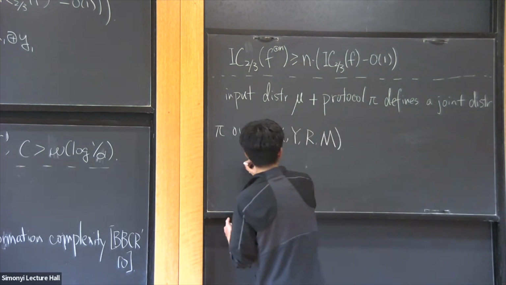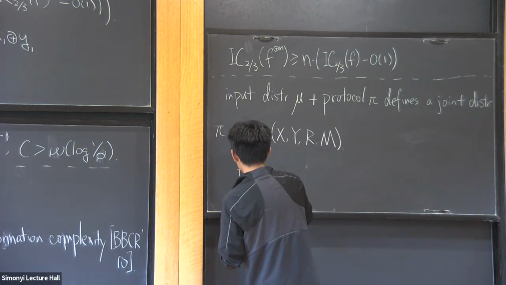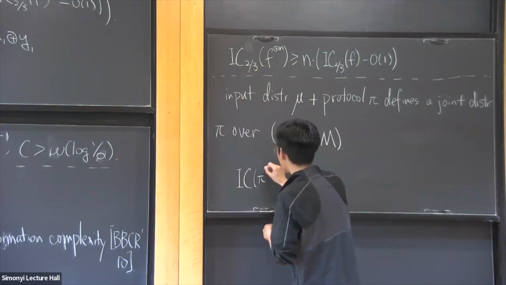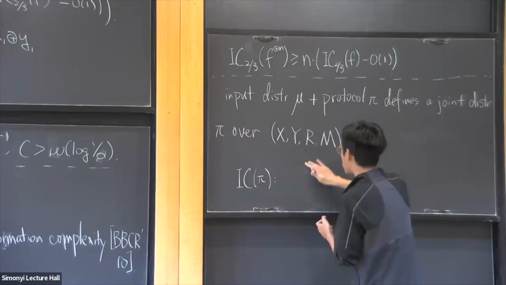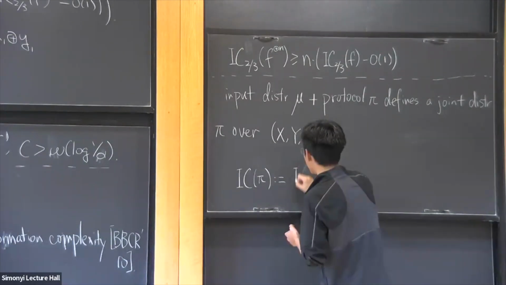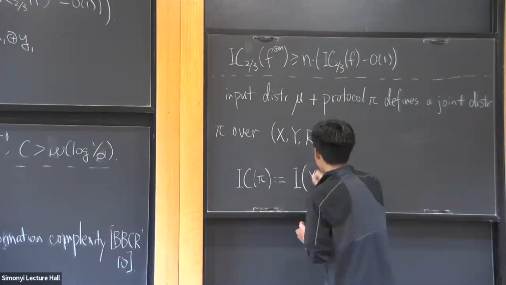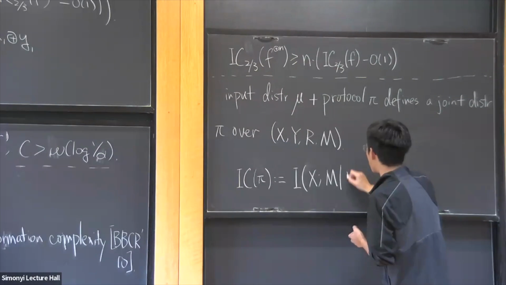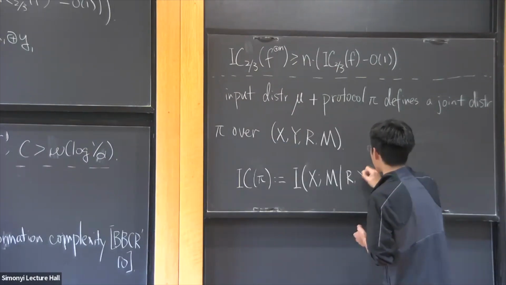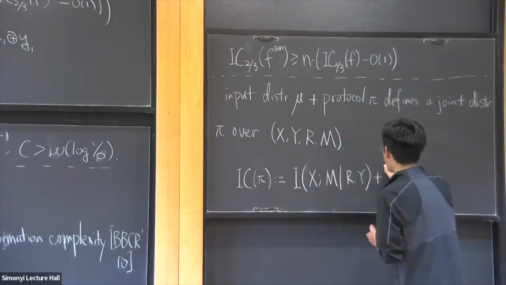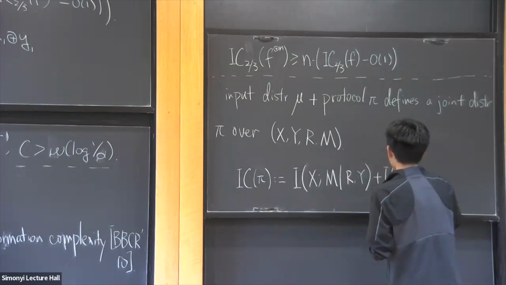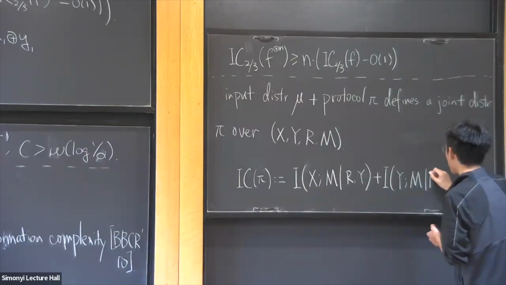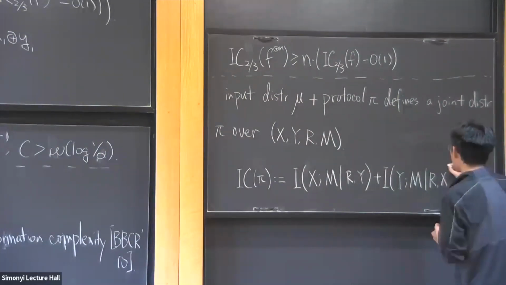So under this distribution, we'll define the information complexity of this protocol to be the mutual information between Alice's input and the message, conditioned on everything Bob knows initially, the public randomness and Bob's input Y, plus the other symmetric term: the information revealed about Bob's input through the communication, conditioned on everything Alice knows at the beginning.